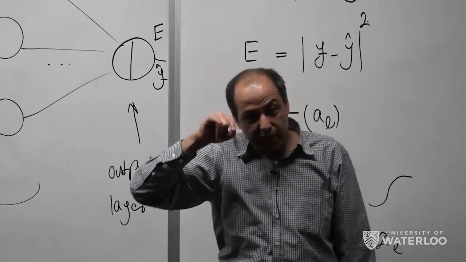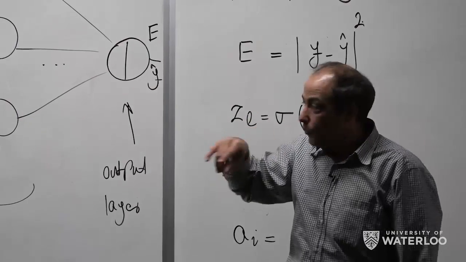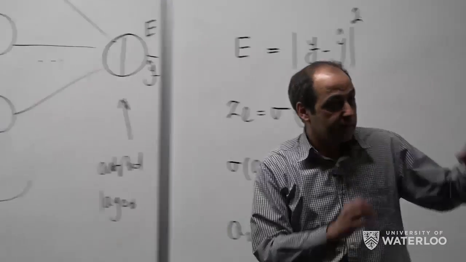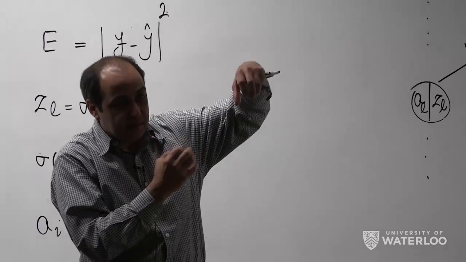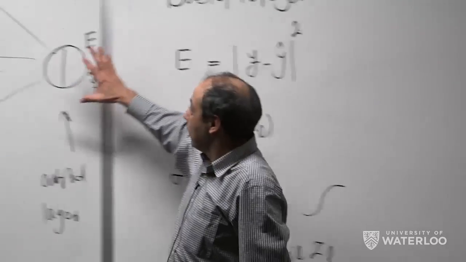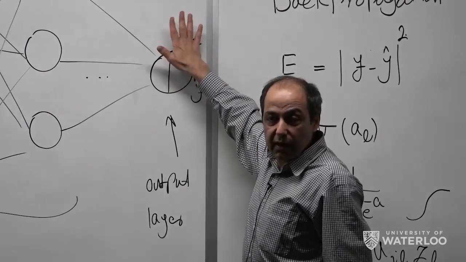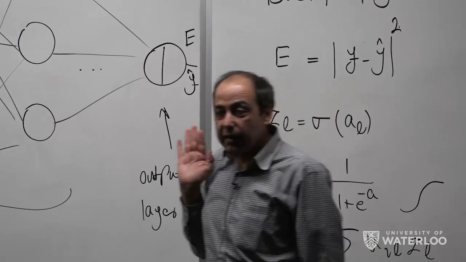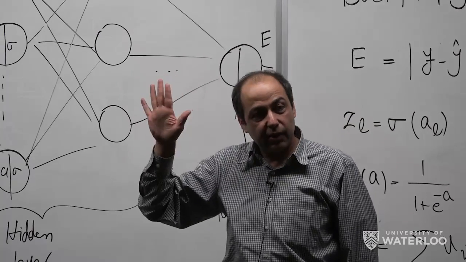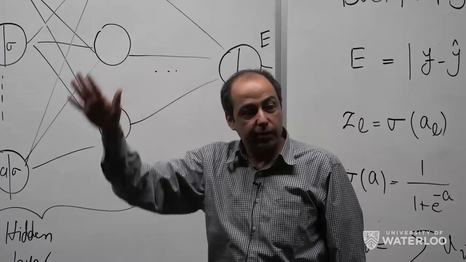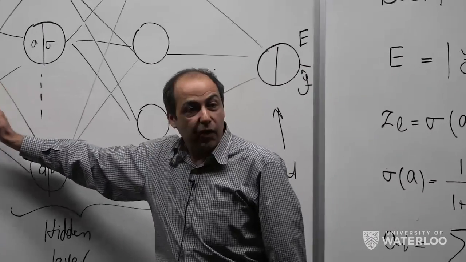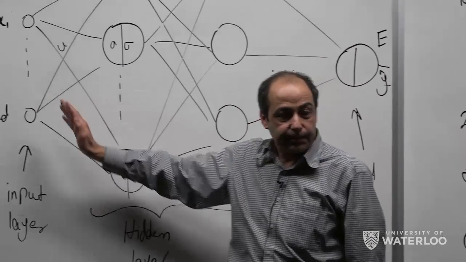You can take the derivative of this output with respect to the A of the last layer. It's computable. So we can compute the delta of this layer. You can propagate back this delta to the previous layer, previous layer, previous layer. So delta of all layers can be computed.